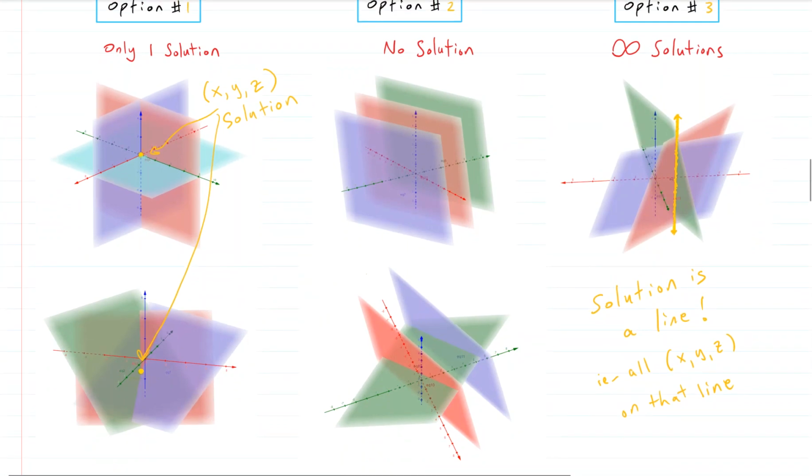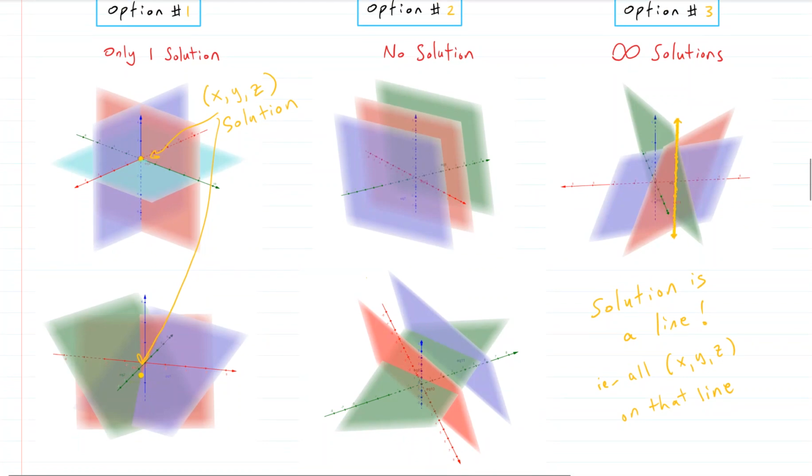The yellow dots you see here in the top graph and then the bottom graph. So if you just have one point, then that point is your solution.